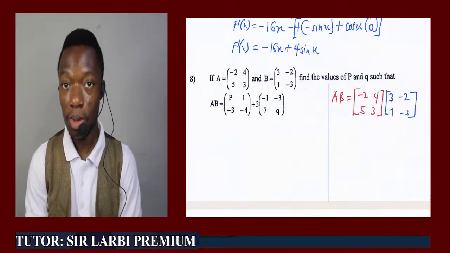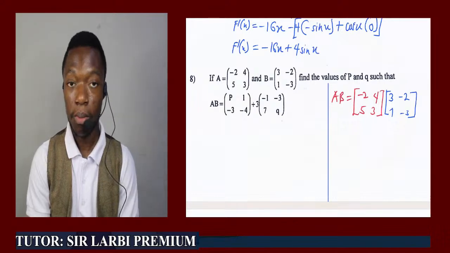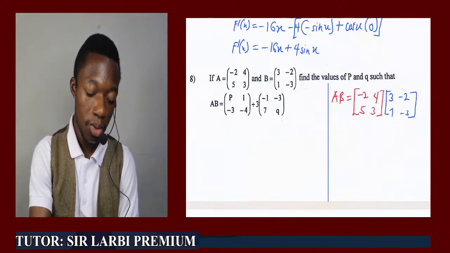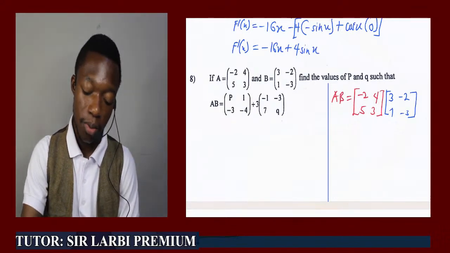Okay, so what do we do? Just follow the rules of multiplication when it comes to matrices. So here, what I want to do is to bring in the rule.